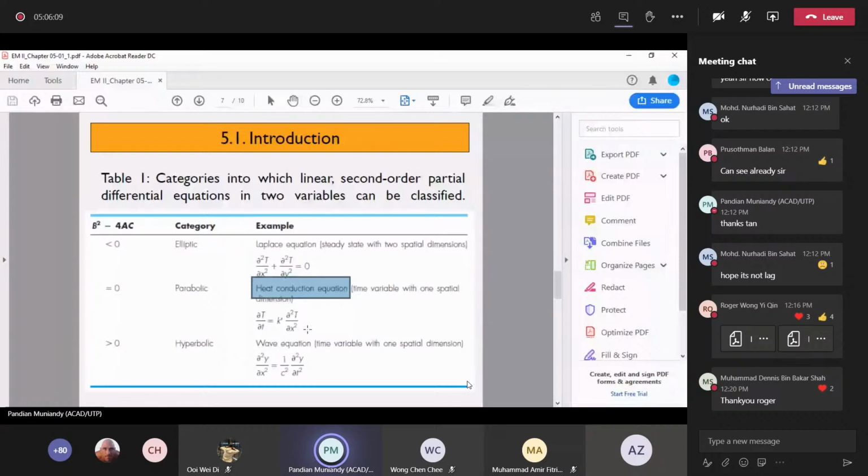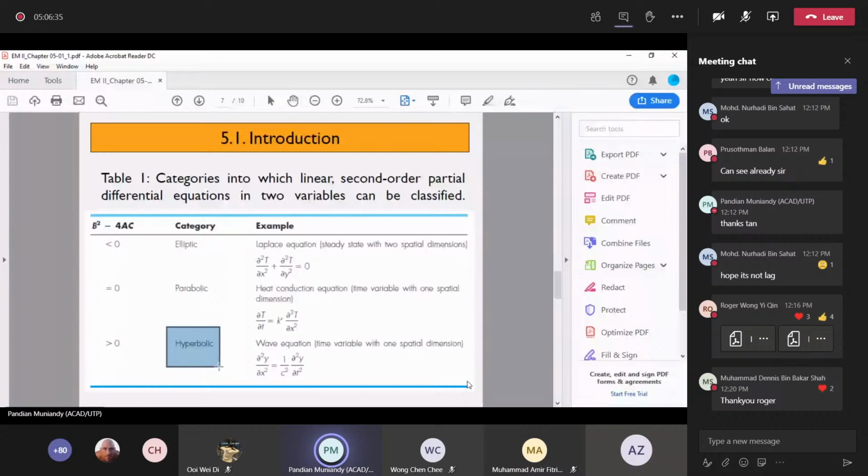Okay, now B squared minus 4AC greater than 0. Then this becomes hyperbolic. Let's say B is 3, so 9 minus 4A1C1. So 9 minus 4 is 5, greater than 0, for example. Then this equation is called the wave equation.